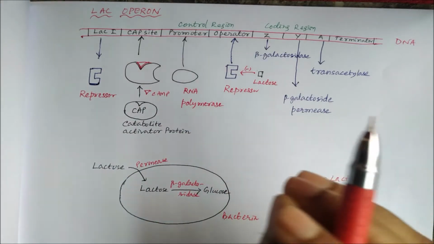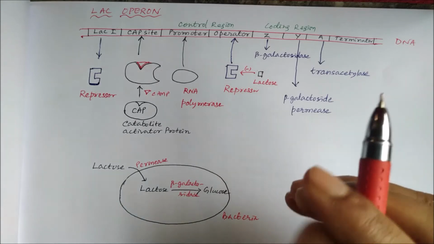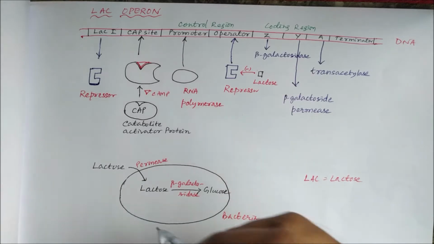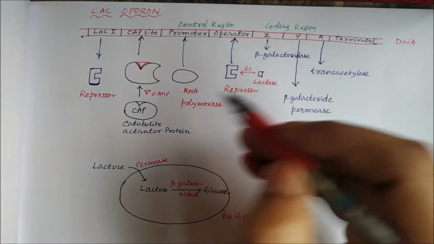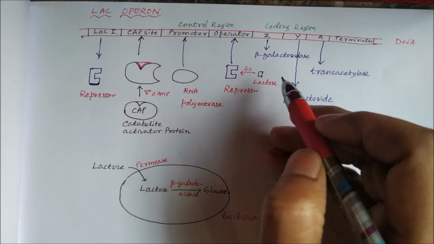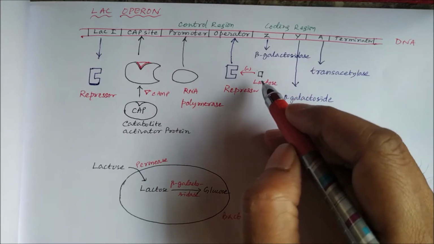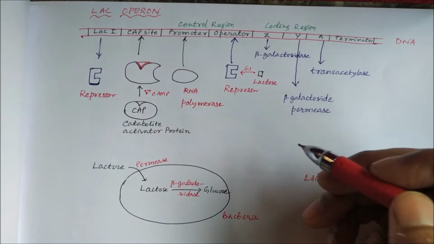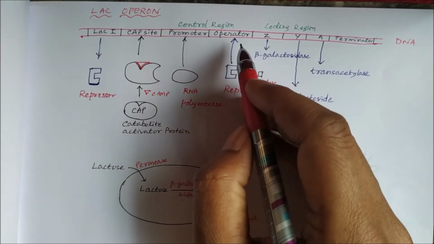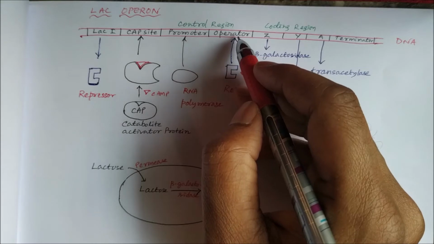So lactose can permeate into the bacterial cell and bind to the repressor protein. And when this repressor protein is blocked, it cannot bind to the operator.